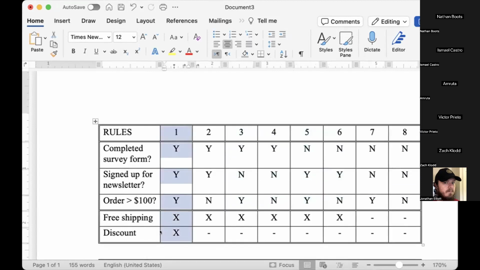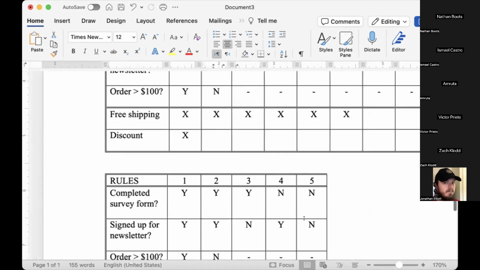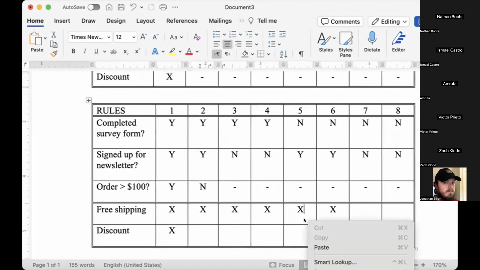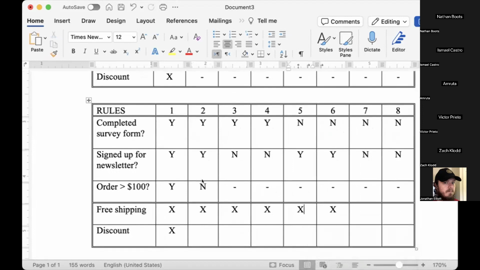Number 1 is very unique in nature, where you filled out both forms and placed an order over 100. So 1 is unique, and 7 and 8 together are unique. Now we need to figure out what to do with 2 through 6. For column number 2, both are filled, so that's a unique item when you do not place an order over 100.